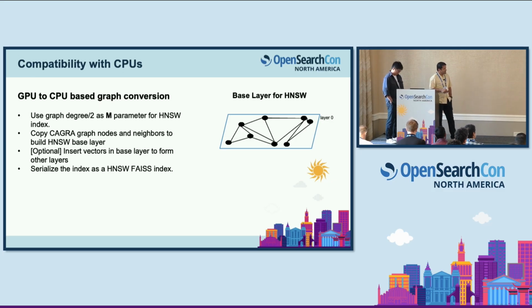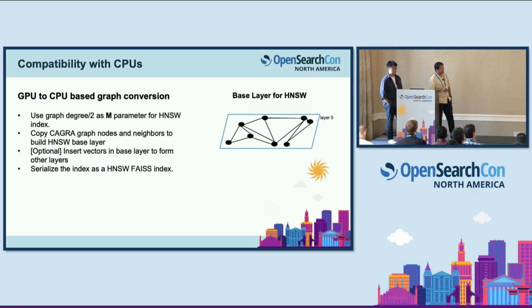There's an optional step which is added if you look into the Faiss implementation through which we are actually consuming the CAGRA implementation: you can also build the hierarchical structure. But based on our experiments, this actually adds a 30% overhead on your overall graph construction, so that's why I have called it optional.